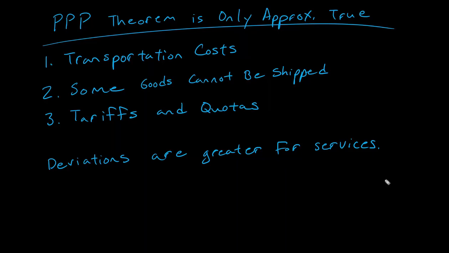So even if they have the exact same skill set as a doctor in some other country, they're still going to have to charge less. And so you do see greater disparities between the cost of services like medical care when compared with other places.